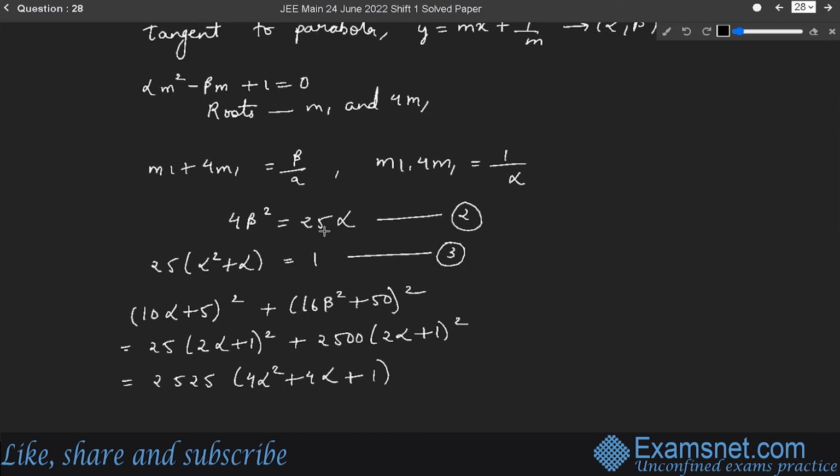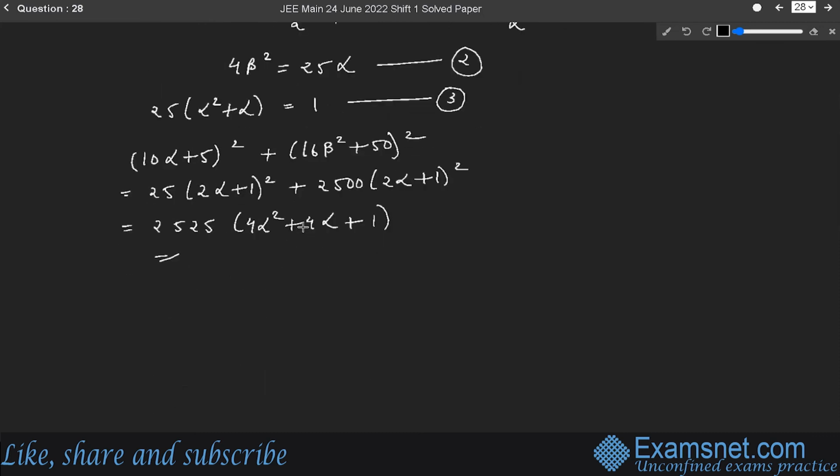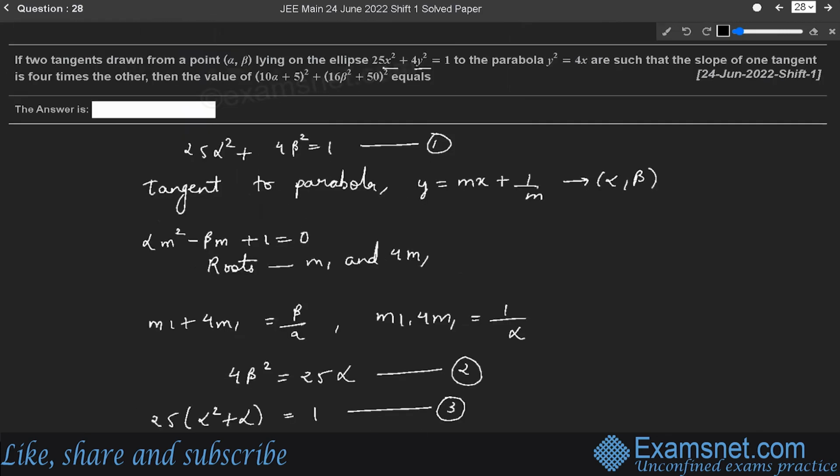From equation number 3, this will be equal to 2525 into (4 upon 25 plus 1). On further calculating, this will be equal to 2929. Hence, we can say that the correct answer for this question is 2929. I hope this question is clear to you. It was a very, very important question.